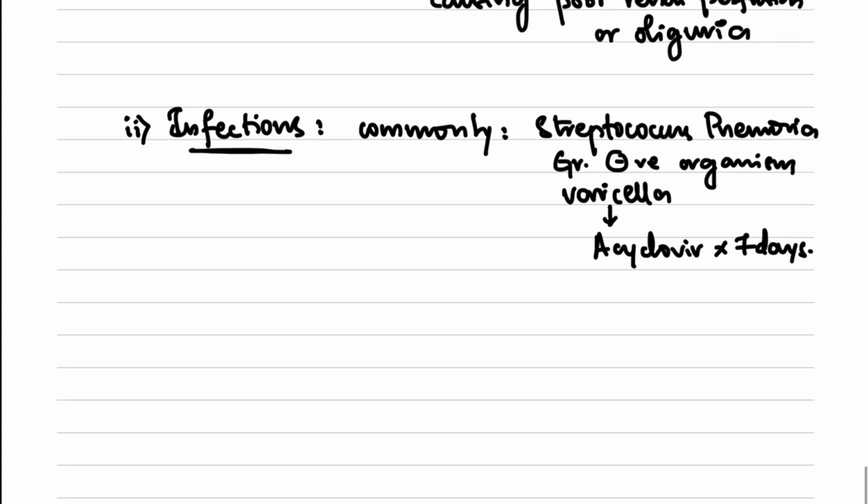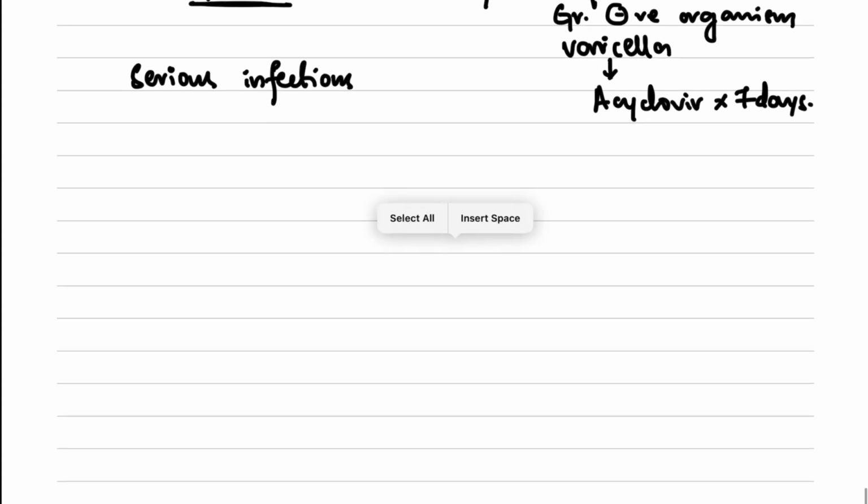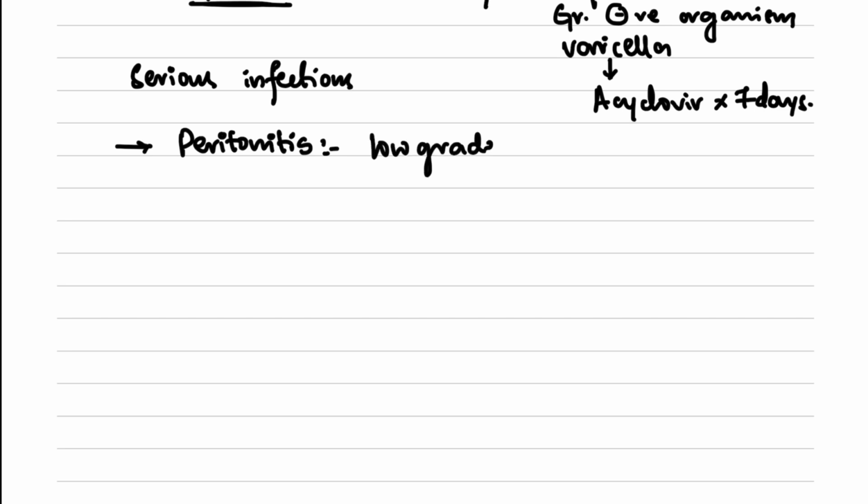Some of the serious infections that the patient of nephrotic syndrome can have: the patient can have peritonitis. If the patient has peritonitis, he will present with low-grade fever, as well as diarrhea, along with abdominal discomfort as well.